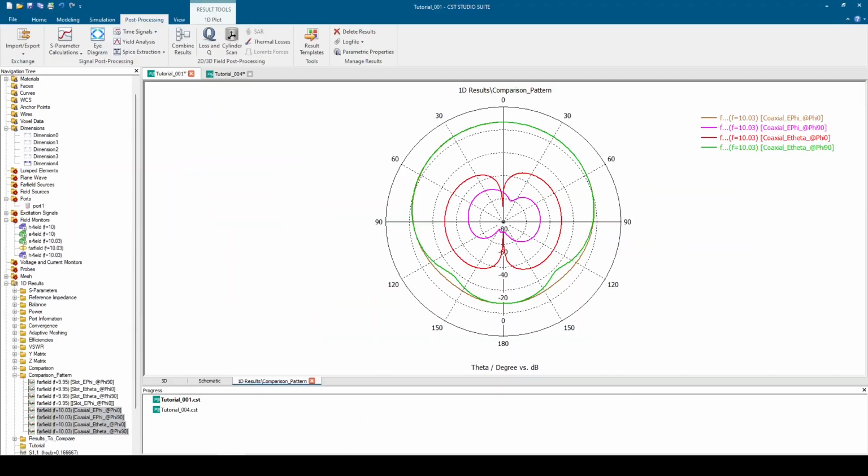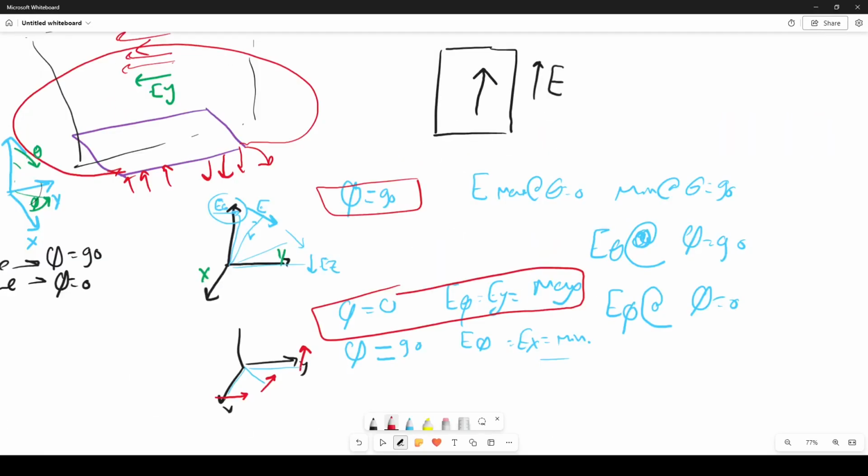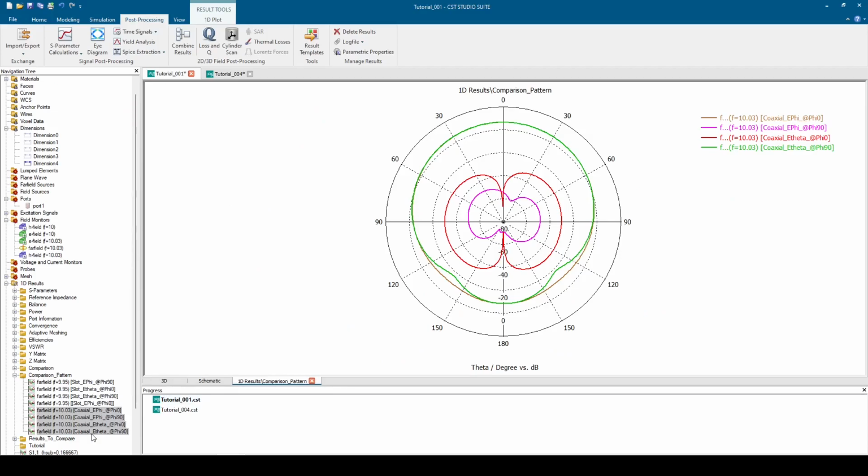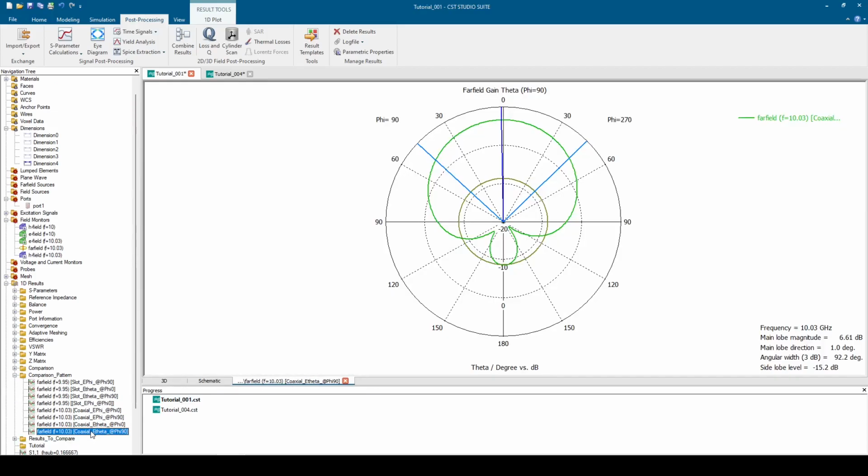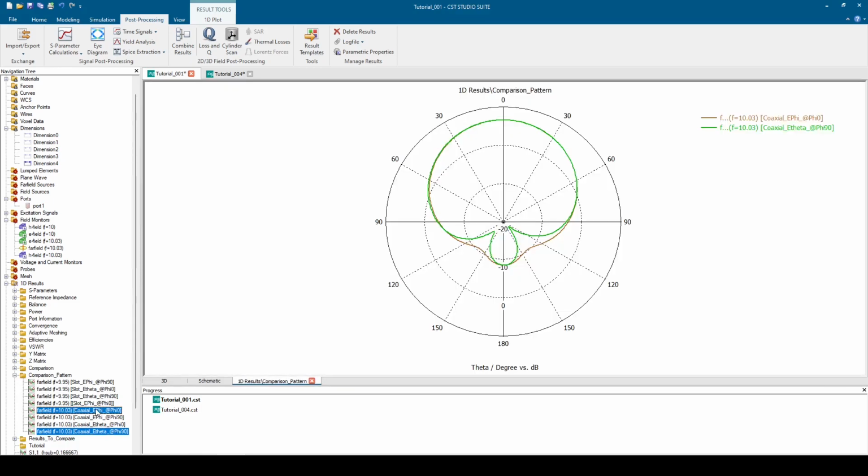So here we go then, let's see. I look at E theta at phi equal 90, and E phi at phi equal 0. We have the maximum and just small back lobes, and the same for the slot.